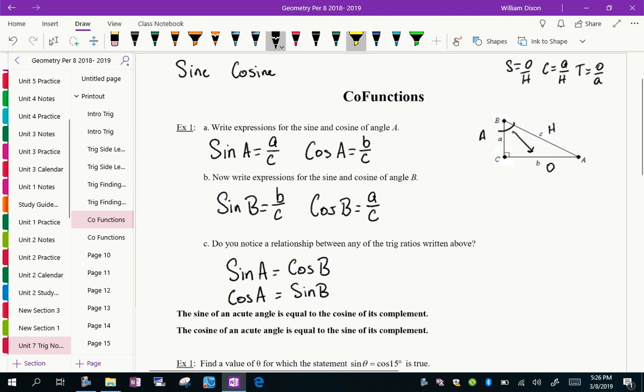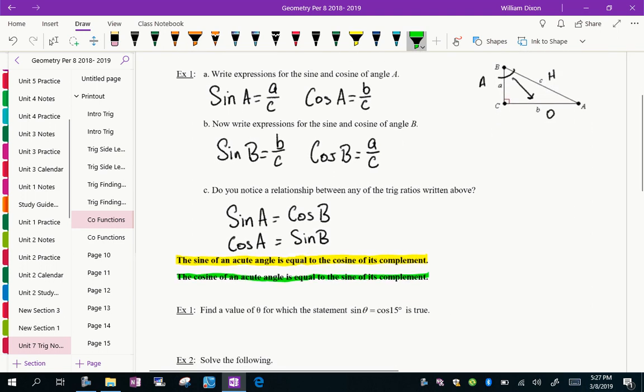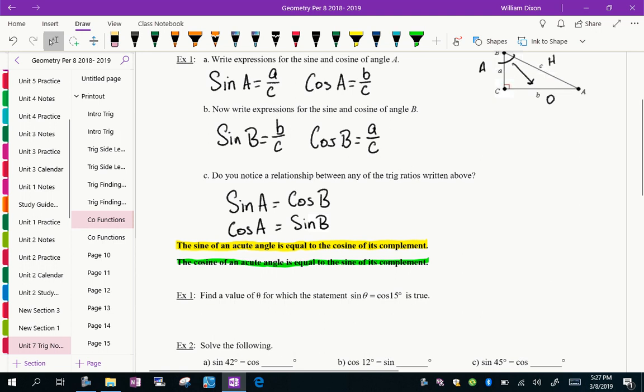So the sine of an acute angle is equal to the cosine of its complement, as well as the cosine of an acute angle is equal to the sine of its complement. And we know that complements are two angles that add up to equal 90 degrees.